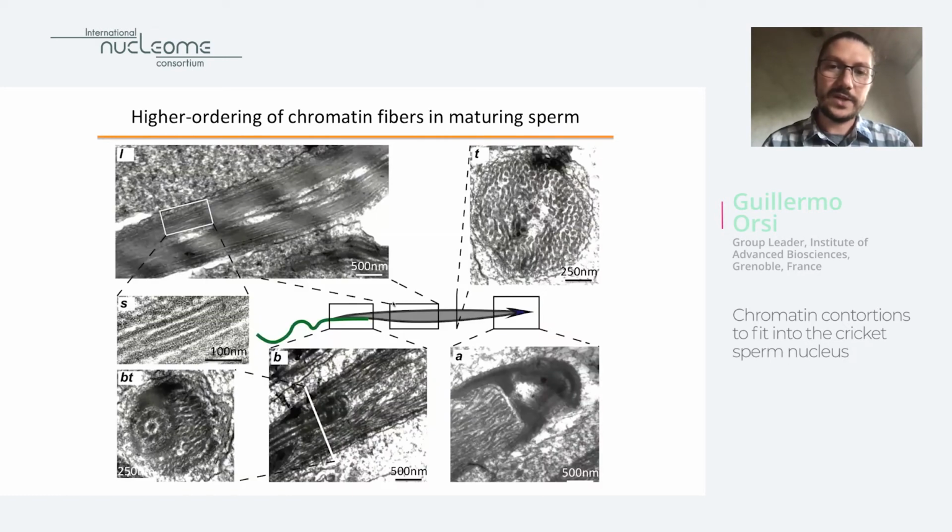And if we look at later cells, so this is the canoe stage I was showing you before, it's pretty elongated. We can see that the fibers are really stretching all along the nucleus. This is a sagittal section of that nucleus. If we zoom into these fibers right here, you can see that these chromatin fibers are about 30 nanometers thick, and they are hollow.